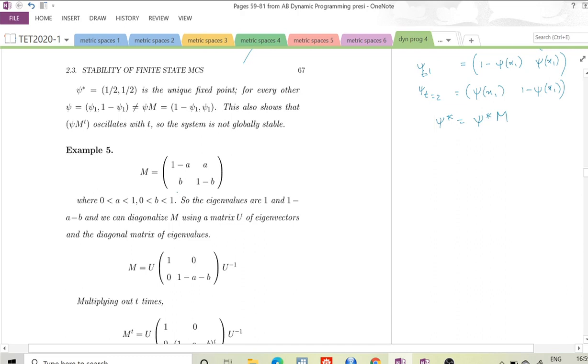One easy way to do it in a two-state or a three-state world is to use eigenvalues and eigenvectors. Just to illustrate, we do that here. Notice that for any Markov matrix, whether two-state or finite state, one of the eigenvalues will always be 1, see?